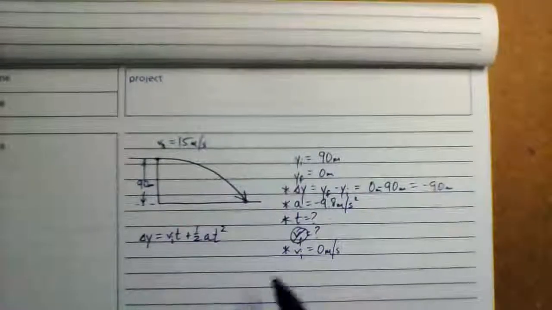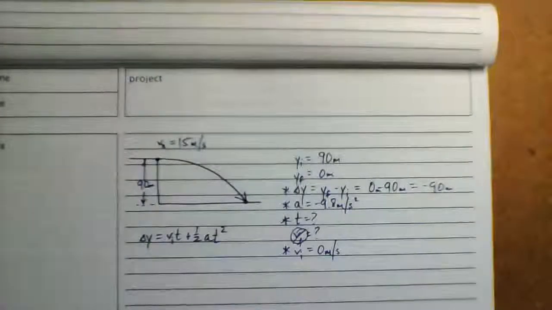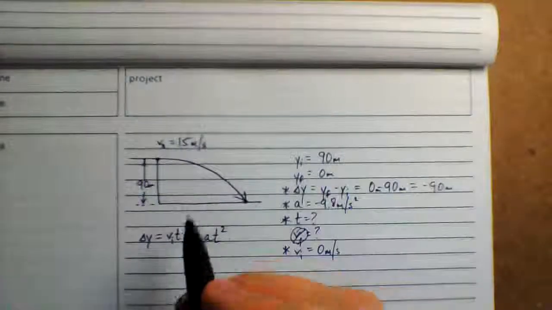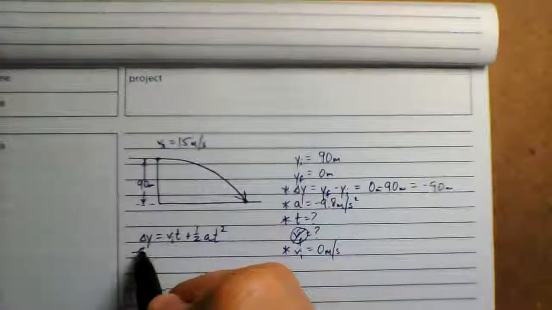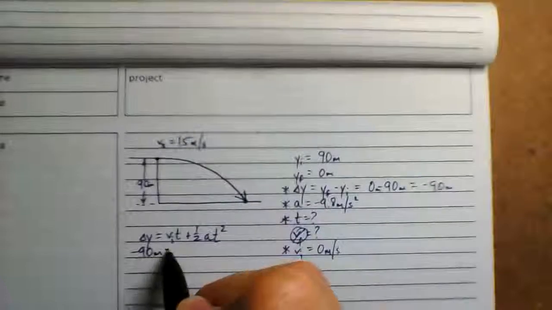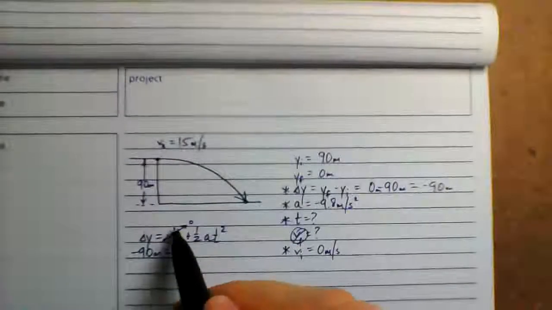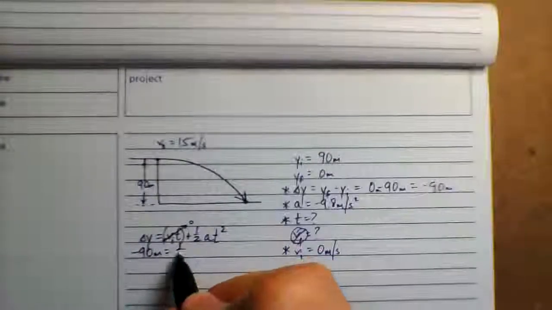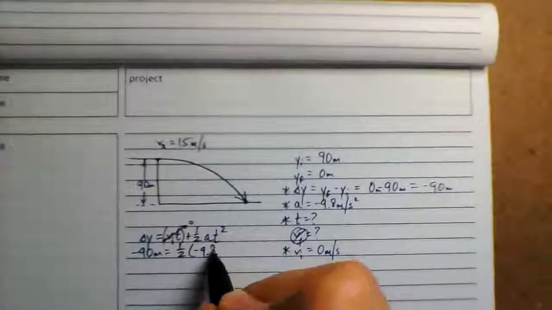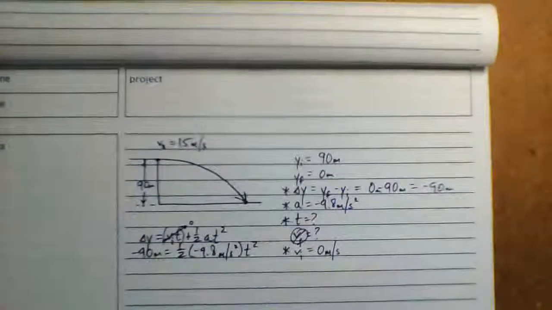If you do that, make sure you use gravity as positive, but I'm going to use this one because it's applicable to any situation with acceleration that's constant. So delta y is negative 90 for this one, so negative 90 meters equals initial velocity is 0, so that means velocity times time right here is 0, so I'm just going to go ahead and cross that out. So it equals 1/2 of negative 9.8 meters per second squared times time squared.